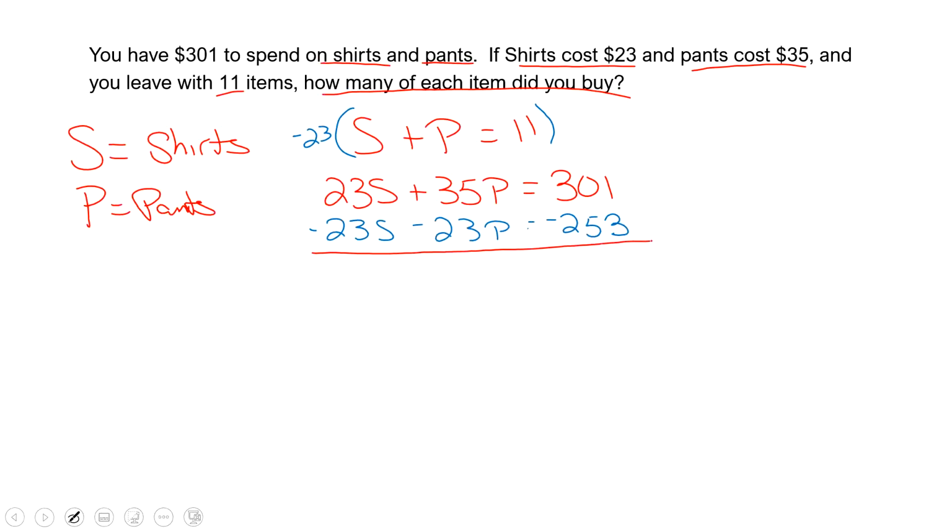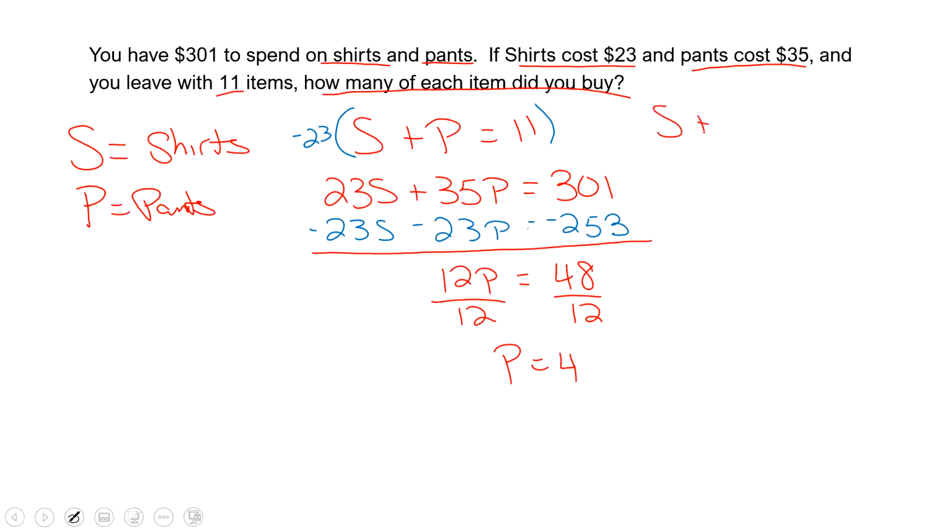Add my equations together. I get 12P equals 301 minus 253 is 48. Divided by 12, we find out that we bought 4 pairs of pants. Again, I got to go back.